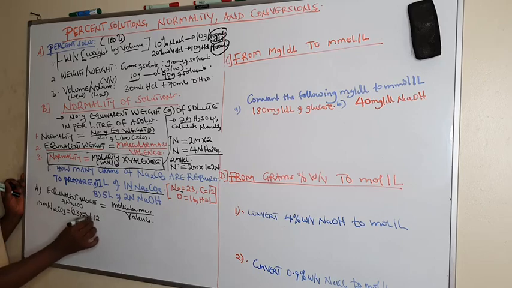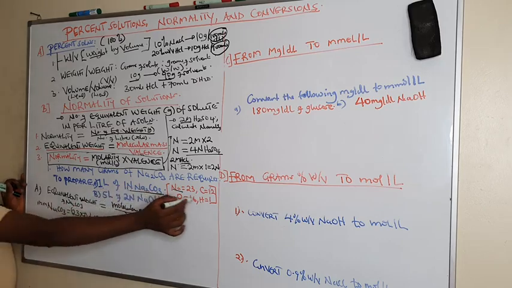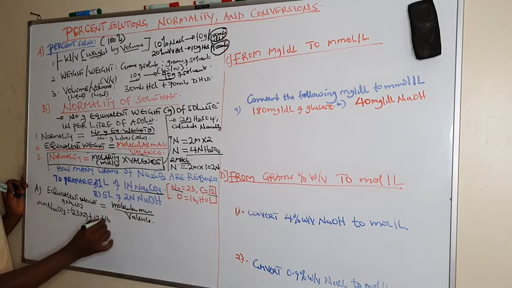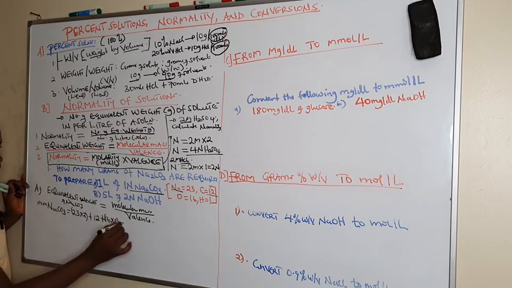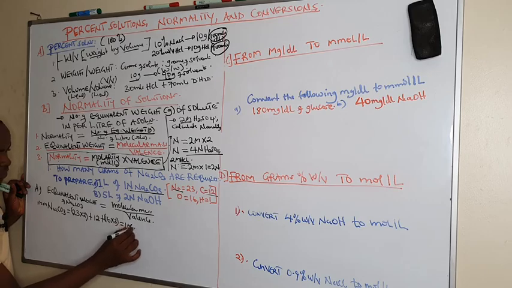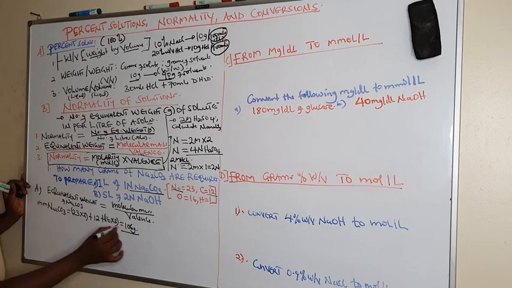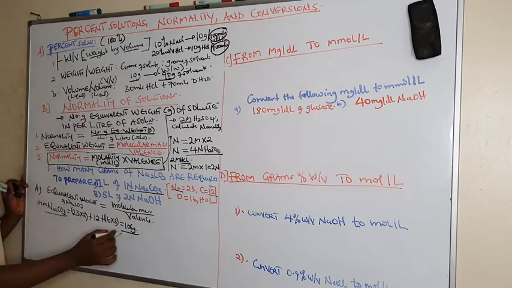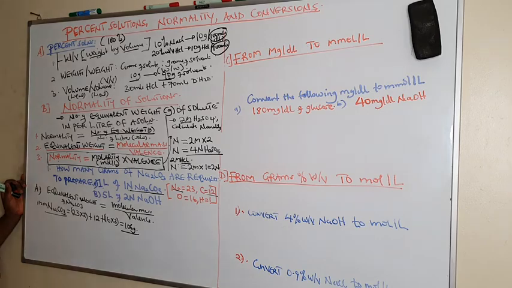Carbon is 12, as given here in brackets. Then oxygen is 16 times 3, and the total you get 106 grams. So the molecular weight of sodium carbonate is 106 grams.